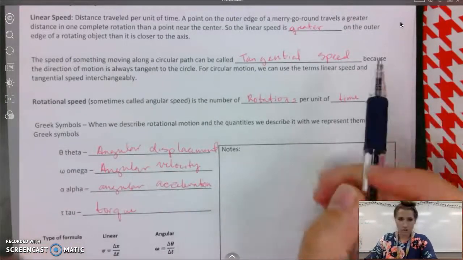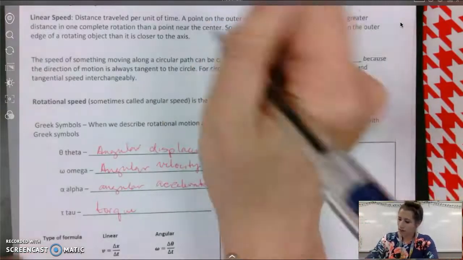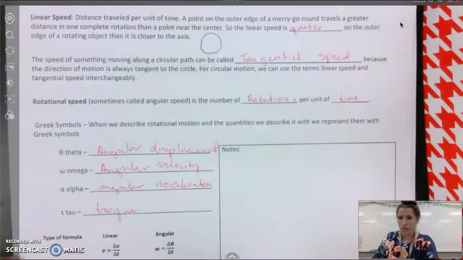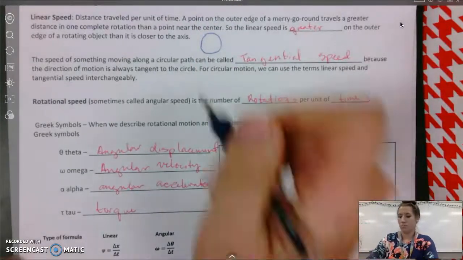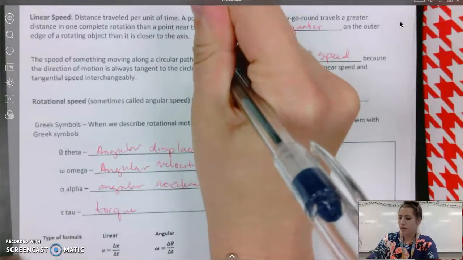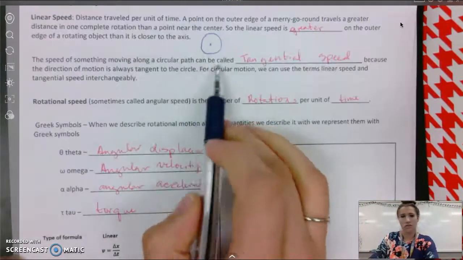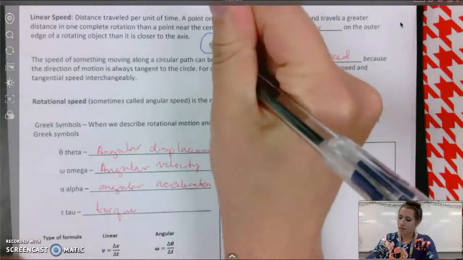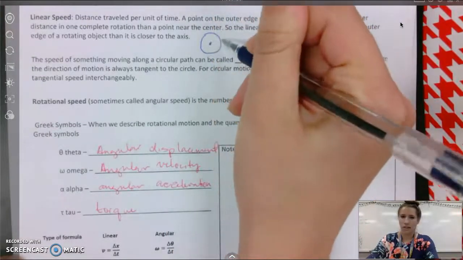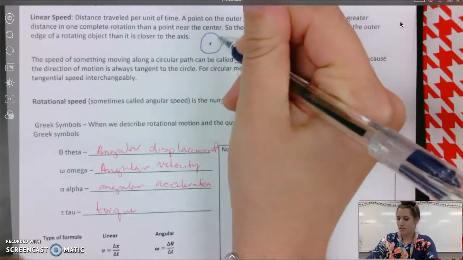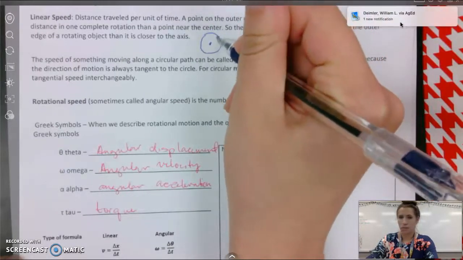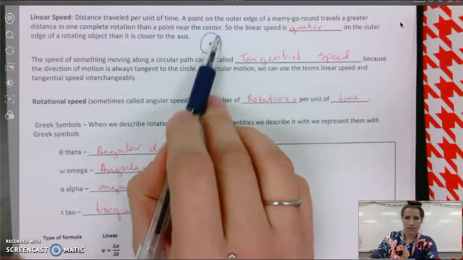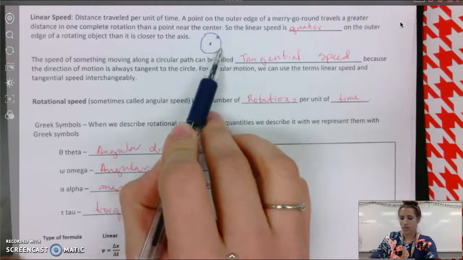Now, something interesting to note here, maybe kind of small, but let's say that this is a merry-go-round or some kind of like a CD or something like that, okay? And what's going on here is, let's say that we have a person or an ant, or however we want to look at this, right on the very edge here, and it's going around in a circle, okay?